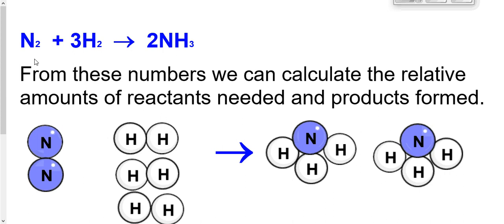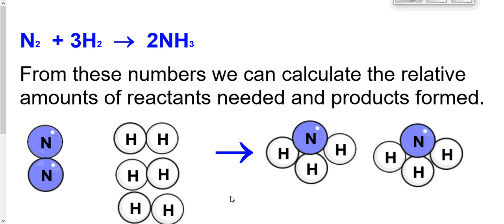But when I say 1, 3, and 2, it's 1, 3, and 2 what? We know that this balancing could talk about molecules. One molecule of nitrogen reacts with three molecules of hydrogen to produce two molecules of ammonia.